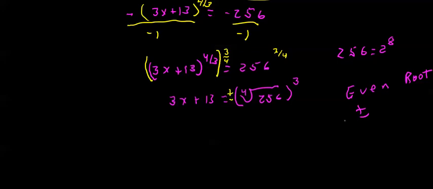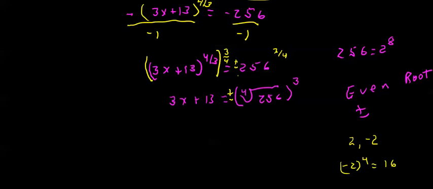Why is that? Well, the 4th root of 16 is 2, and it's also negative 2, because negative 2 raised to the 4th power equals 16. But when we use notation like this, we are talking about the positive root.